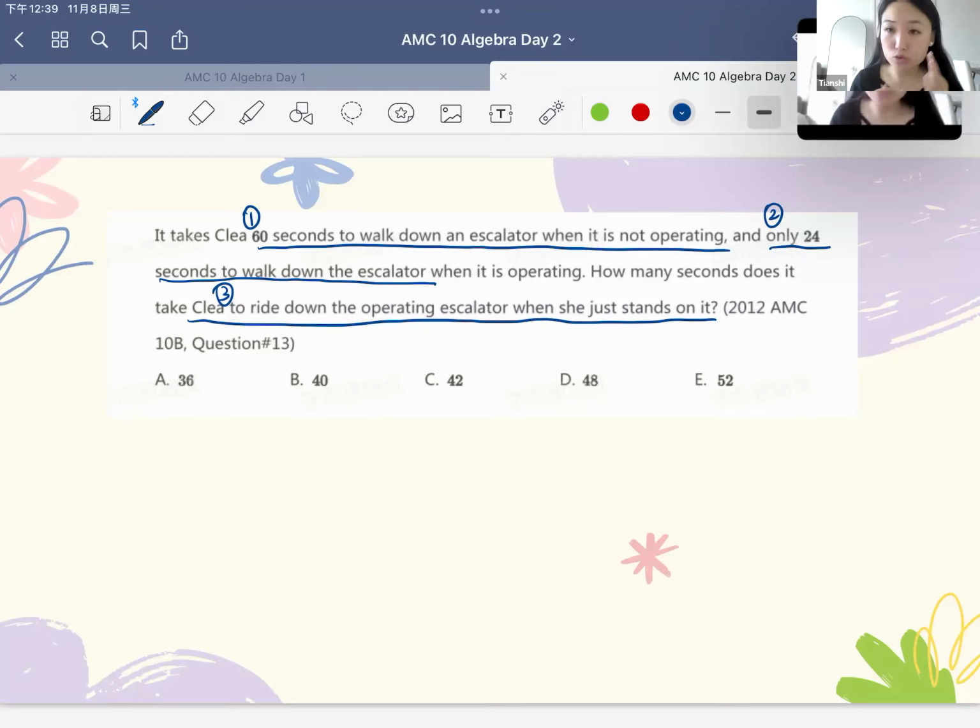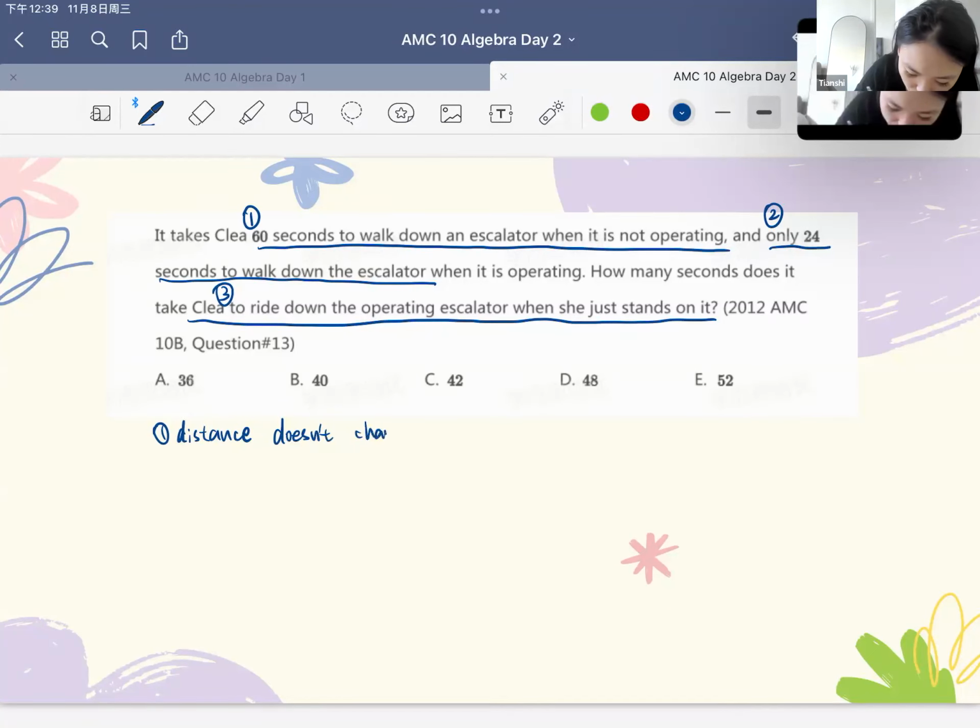In terms of the three scenarios, first of all, we are going to find what does not change between them. We know that the distance of the elevator does not change, right? So the distance does not change. Then we can assume the speed for the elevator and also the speed for Clay to walk, and represent the distance in the three scenarios.